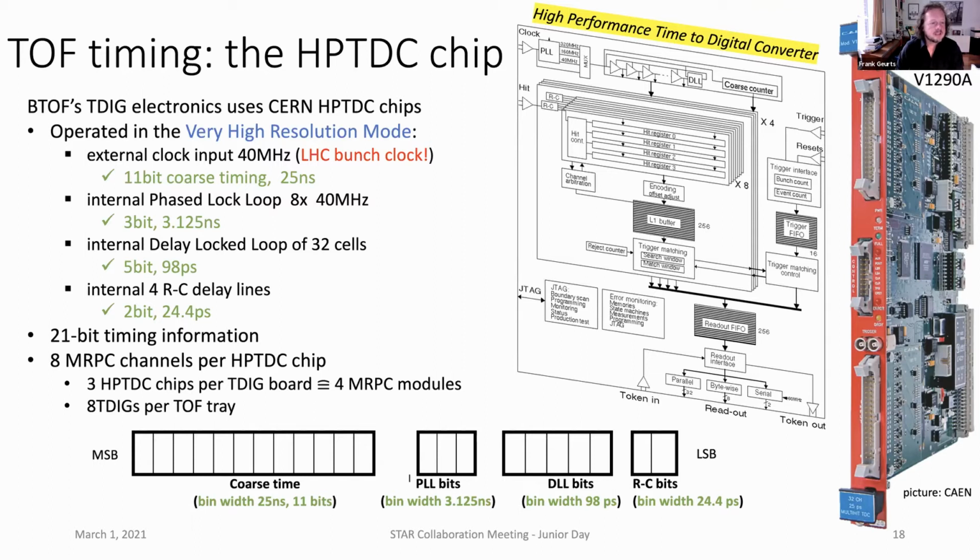And then subsequently there's a delay locked loop of another 32 cells that give you another 5 bits, pushing this to 98 picoseconds. And then you have finally some internal RC delay lines that end up at these last 2 bits that really push the least significant bit to something about 25 picoseconds.